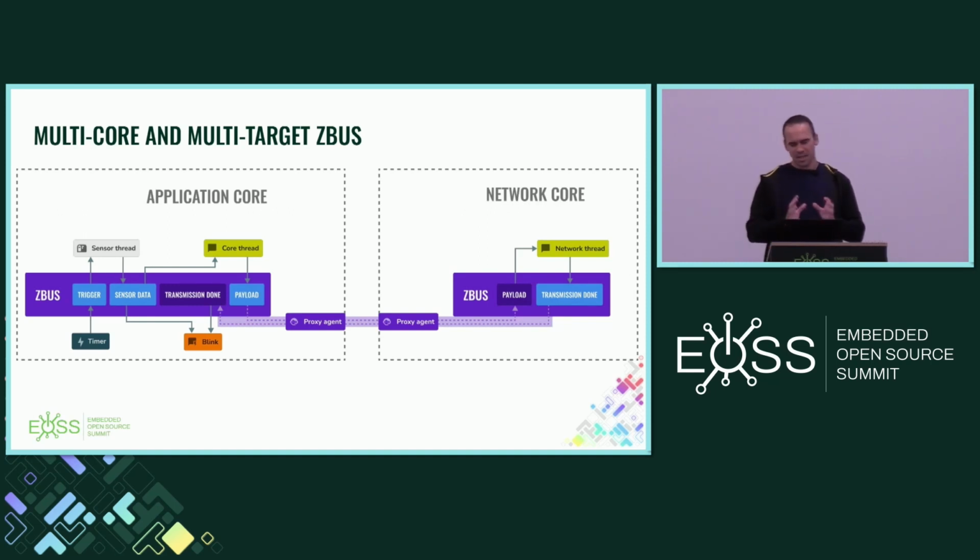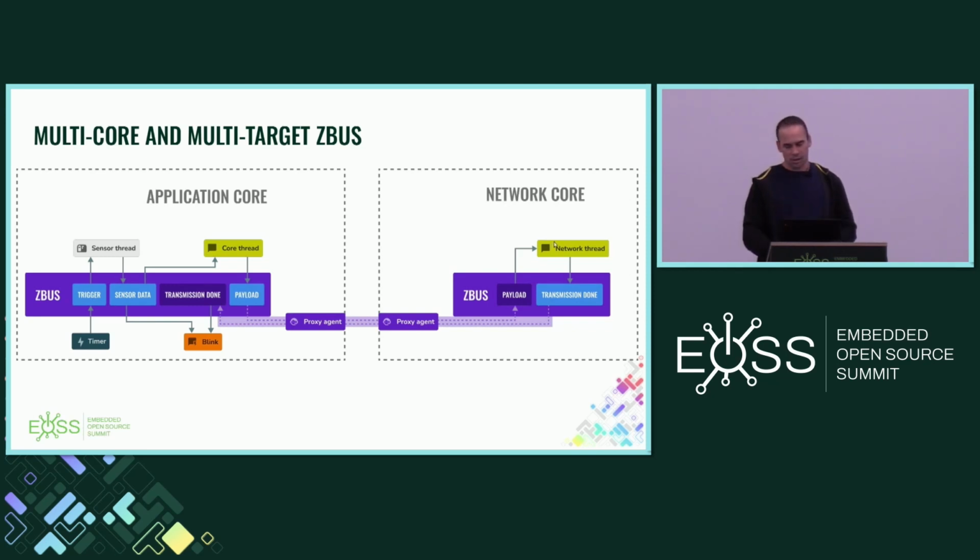And to make that easier, we have two new things added to ZBus. We have the concept of a shadow channel. The shadow channel is, for example, here the payload one is a kind of read-only channel.